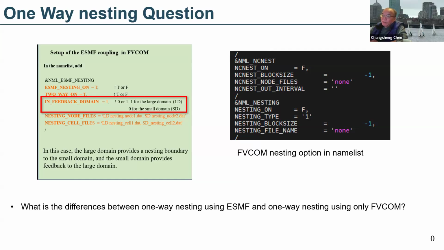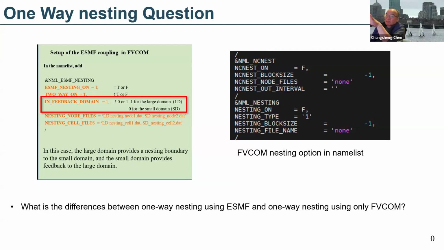One-way nesting in ESMF: the two models run at the same time. So for ESMF one-way coupling, the big domain model and the small model run at the same time, but only the big model gives data to the small model. But one-way nesting used only in FVCOM: the boundary condition is given one way, so they don't run in parallel.